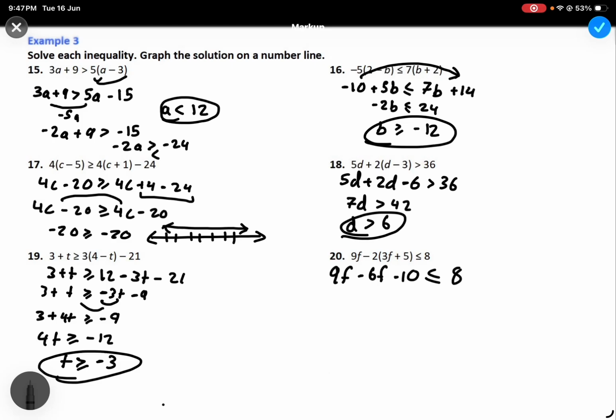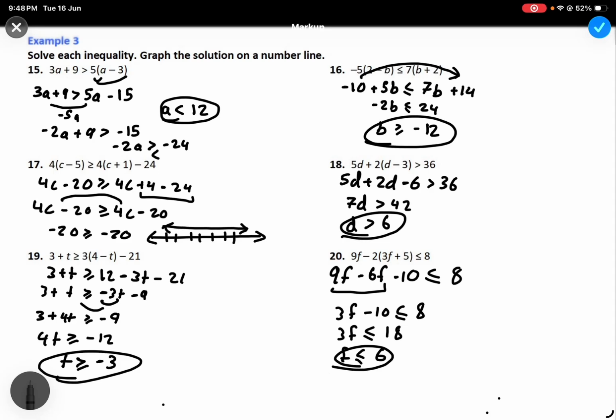For simplifying this, we get 3f minus 10 is less than or equal to 8. And then we take the 10 to the other side, and we get 3f is less than or equal to 8 plus 10, 18. And f is less than or equal to 18 divided by 3, which is 6.